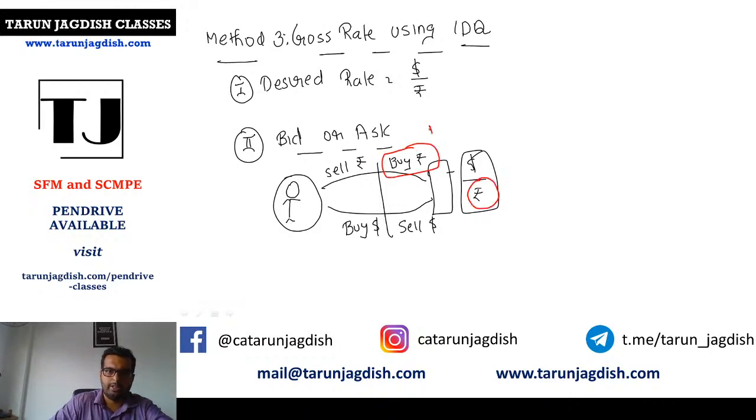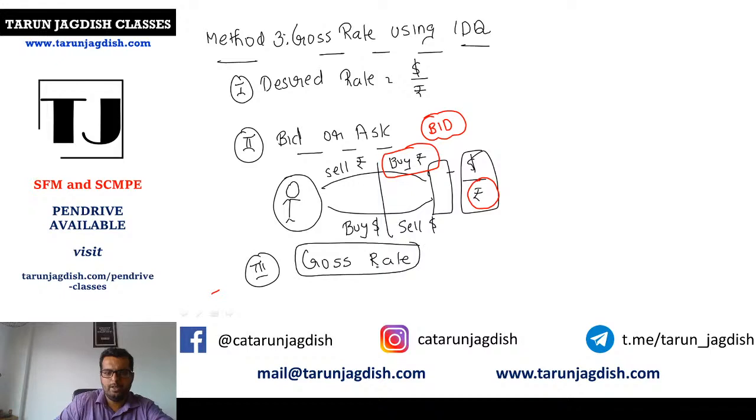Rupee, buy rupee, it is going to be bid rate. So once I get the answer as bid rate, I will write down step number 3, which is cross rate. Am I right? Here the equation will be bid dollar bar rupee is equal to bid dollar bar AUD into bid AUD bar rupee.